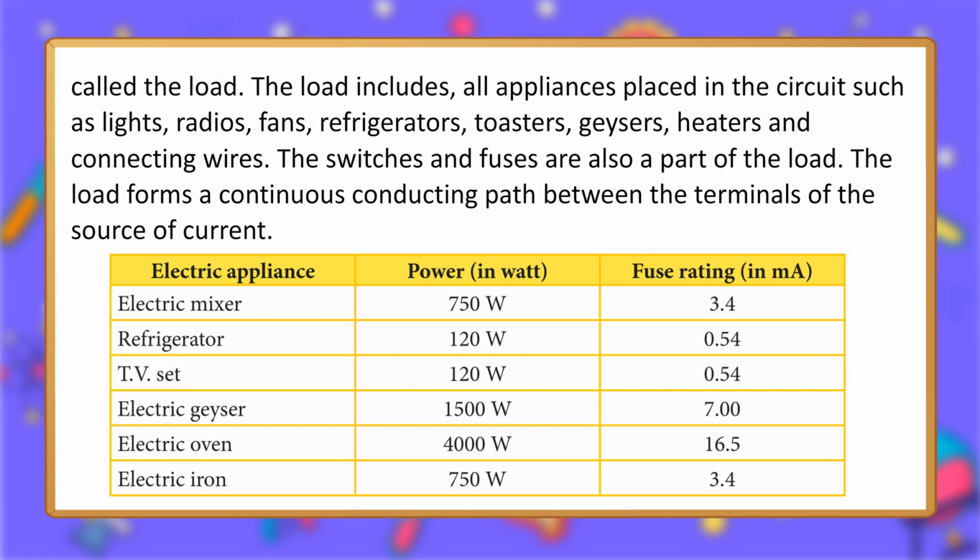TV set, 120 W, 0.54. Electric geyser, 1500 W, 7.00. Electric oven, 4000 W, 16.5. Electric iron, 750 W, 3.4.